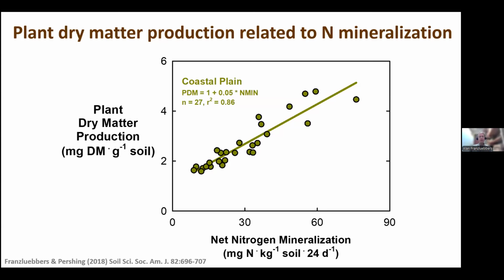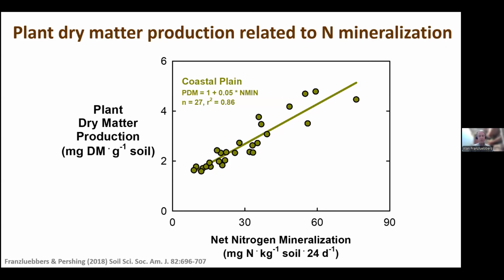This diagram shows that plant dry matter production was a strong function of net nitrogen mineralization. We took each of those soils and determined its net nitrogen mineralization. This happens to be in the coastal plain region, where we have coarse textured soils, and we see that nitrogen mineralization was the key factor in determining plant dry matter production.